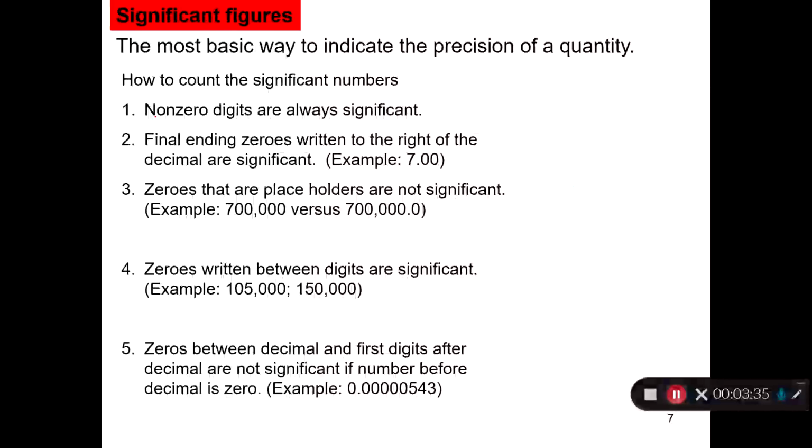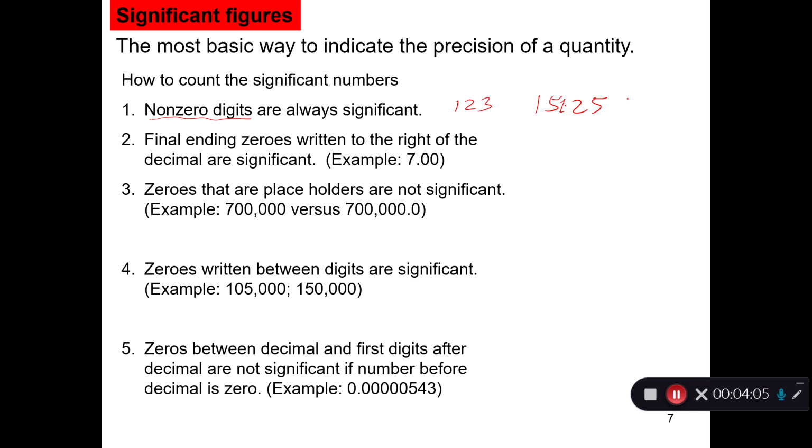The first rule is that any non-zero digits are always significant. Let's say I write 123. All digits are non-zero, so 1, 2, 3, it has 3 significant figures. If I write 151.25, there are 1, 2, 3, 4, 5 non-zero digits, so it has 5 significant figures.